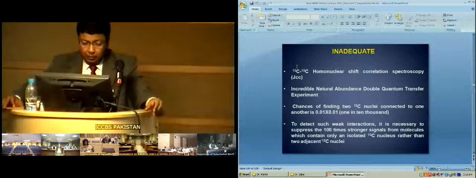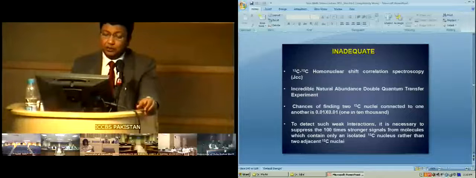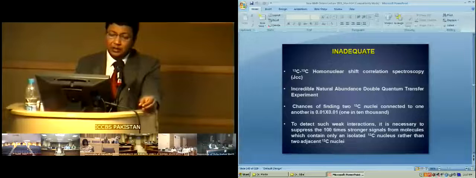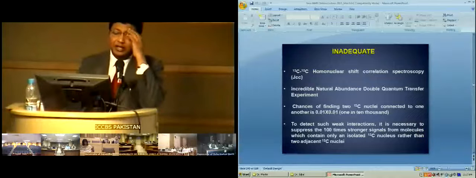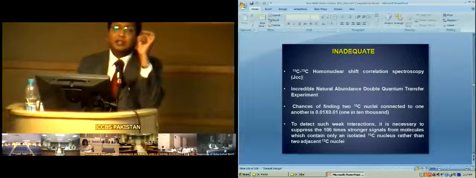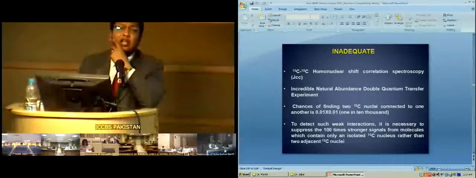And you would then appreciate how important it is to understand the diagram. So carbon-13 heteronuclear shift correlation spectroscopy is inadequate here; it must be homonuclear, because of carbon-13's incredibly low natural abundance: the double quantum transfer experiment, INADEQUATE. Incredible means very low natural abundance of C13 next to C13.